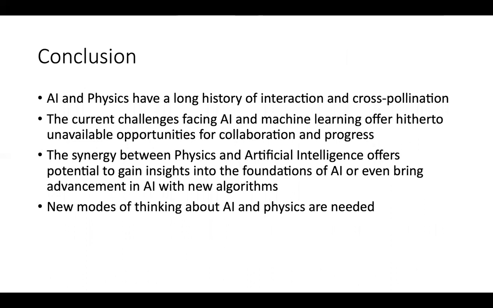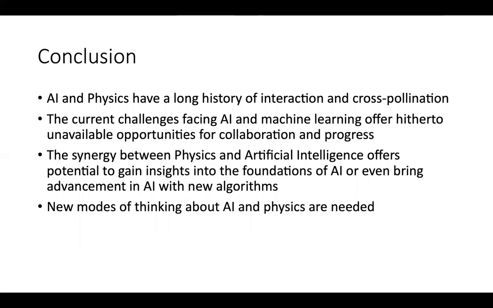So to conclude the first half of the tutorial, AI and physics have a long history of interaction and cross-correlation. AI and machine learning face a number of challenges, and with challenges come opportunities. So there are a lot of opportunities available for collaboration and progress.